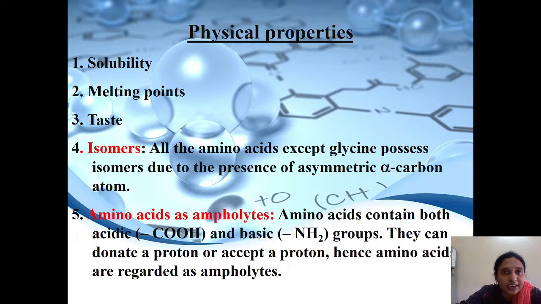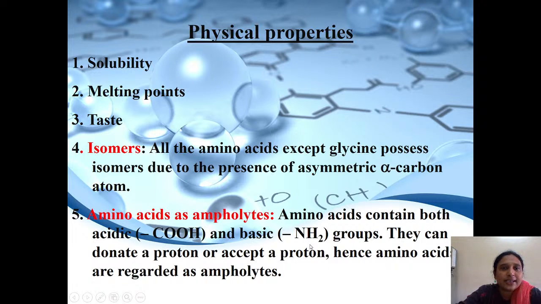Ampholytes means they are amphoteric in nature, because most of the amino acids are monocarboxylic. That means they contain both acidic groups, COOH groups, and basic groups, NH2 groups. The acidic group is ready to donate a proton, and the basic group NH2 is ready to accept a proton.